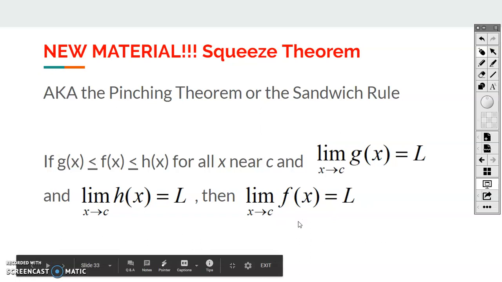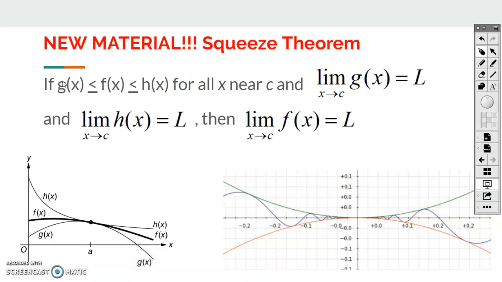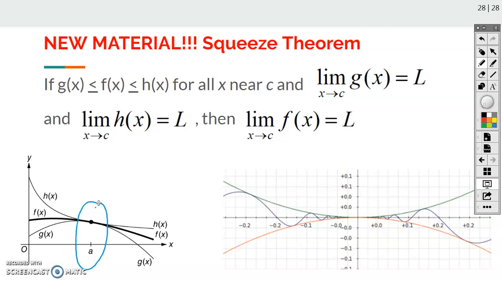Visually, this is a lot easier to understand. So g is less than f is less than h. So for example, on this first picture, h is always on top, g is always on the bottom. When we're looking at a right here, the limit of h and the limit of g are both at the same y value.